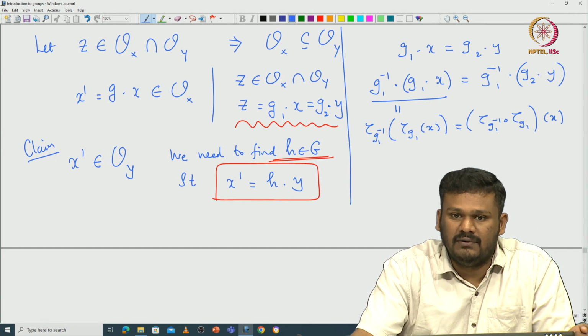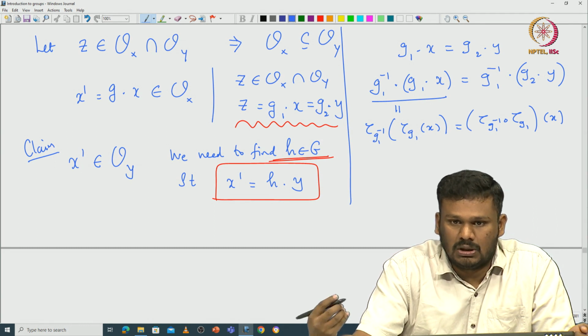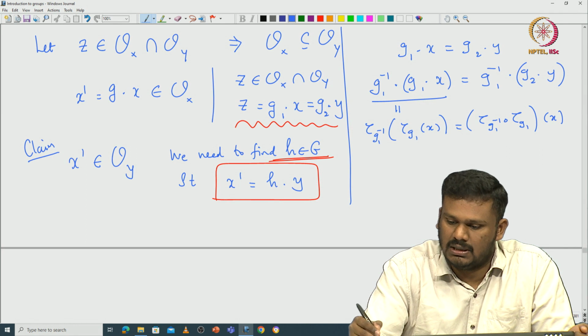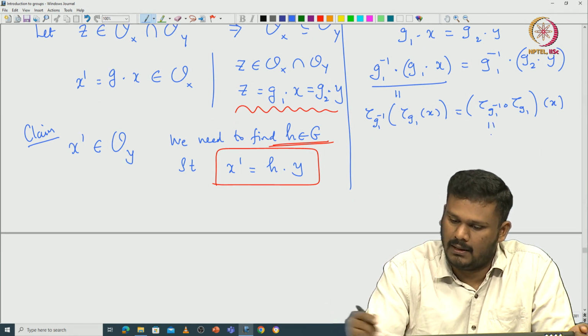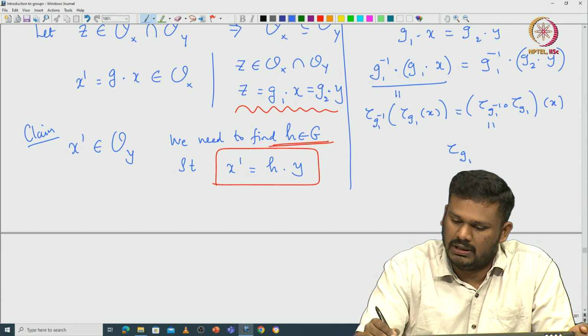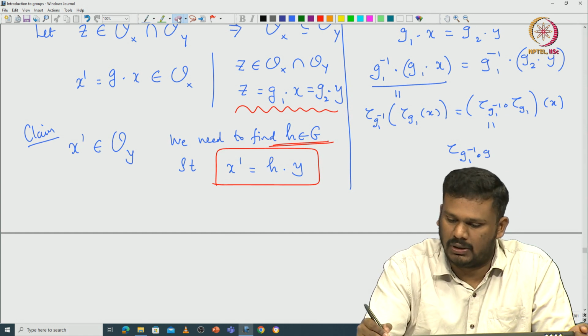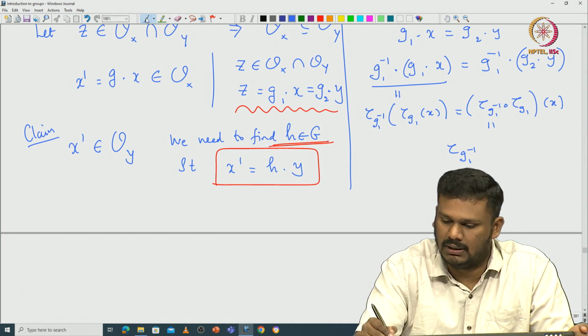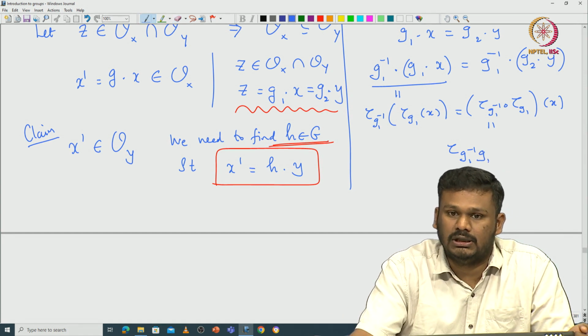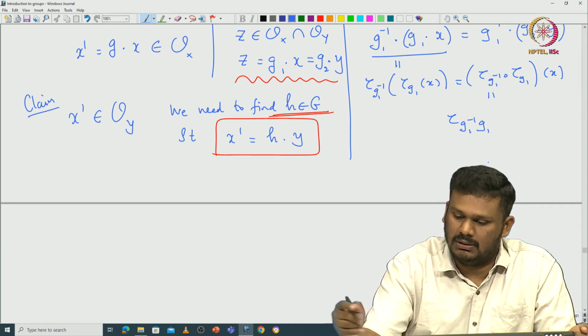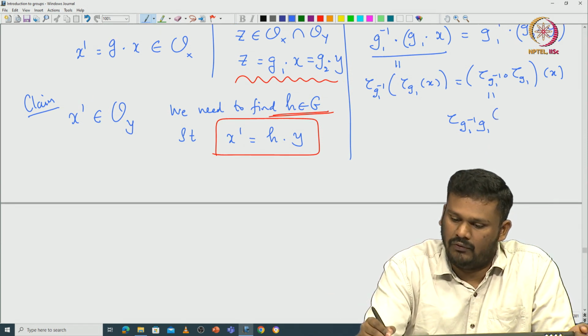But tau g1 inverse is tau of g1 inverse, which is the product in the group, g1 inverse g1, of x.